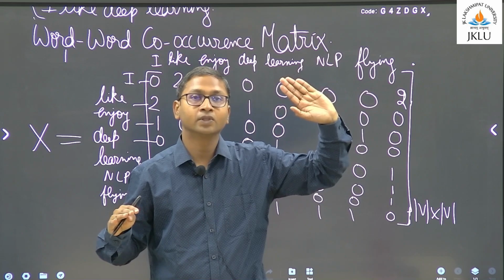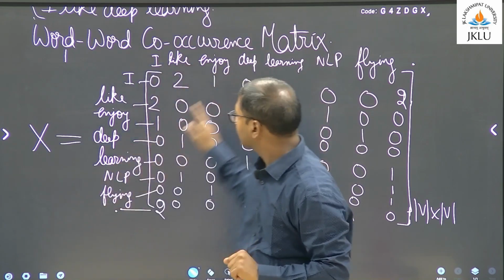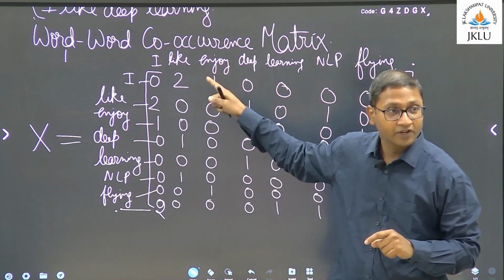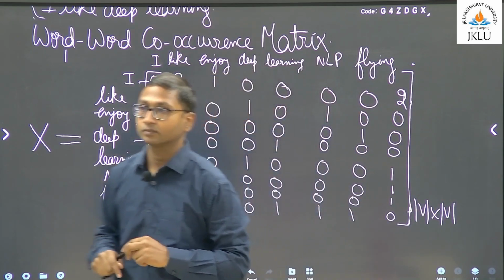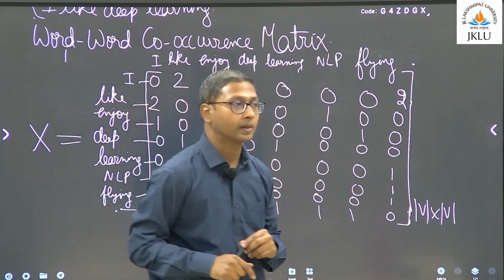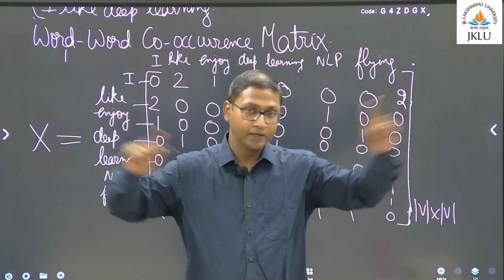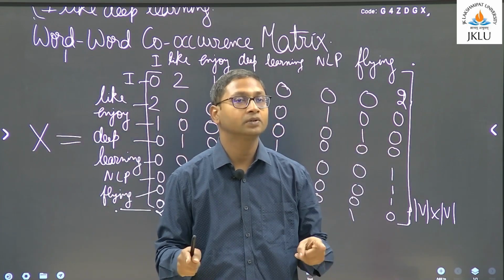No. What GloVe says is, you make this matrix first. How is it different from what we were doing in word2vec? Center word and context words. In this case, you are summing up all the counts.